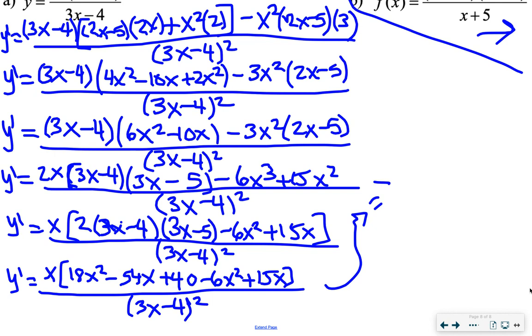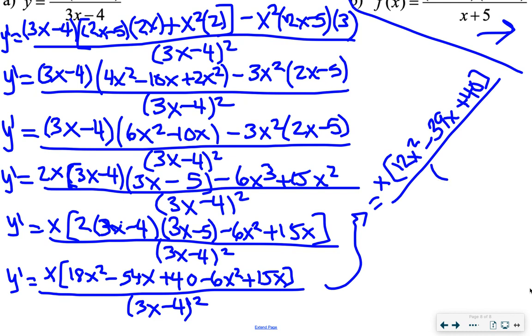Alright, so I've got x times 12x squared minus 39x plus 40 all over 3x minus 4 squared. And I do believe if we take a look at that, I cannot factor that. I don't believe. So there's my final answer.